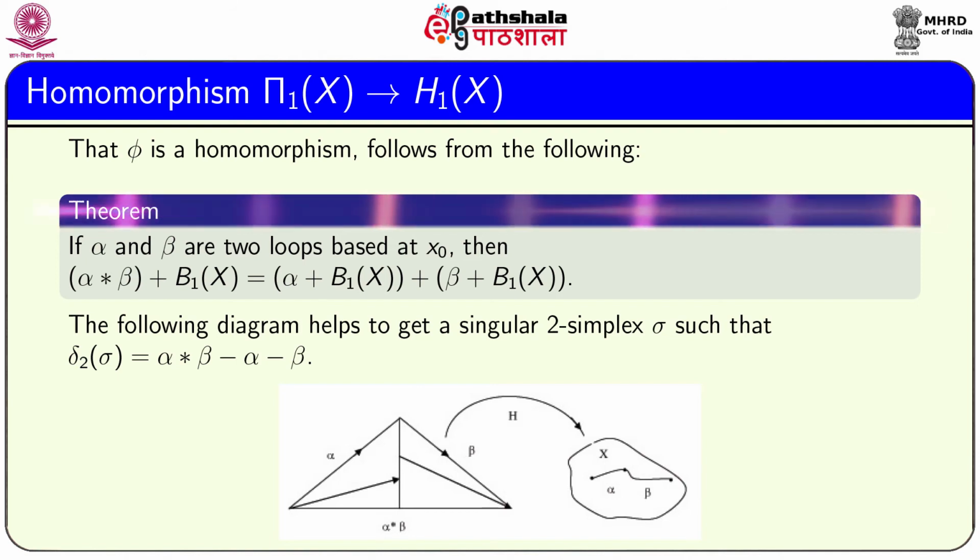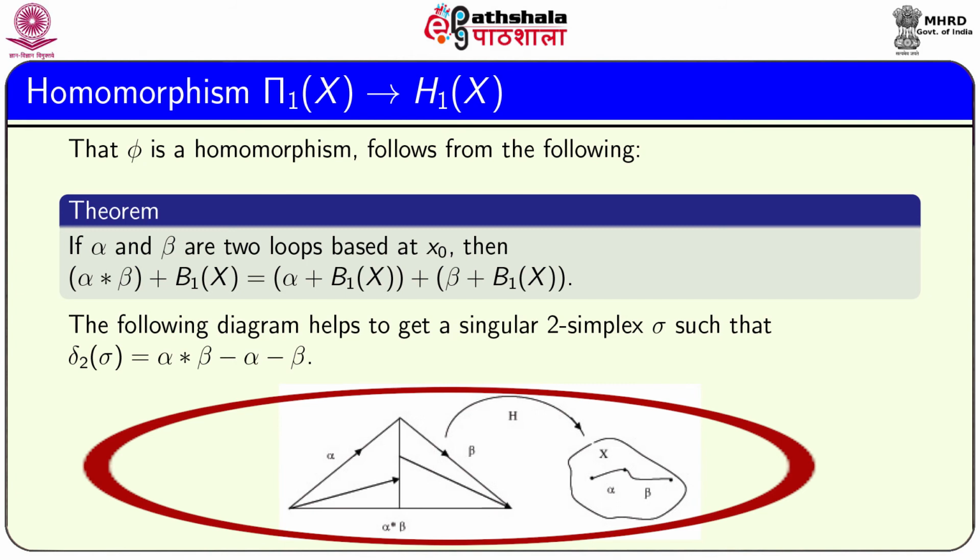That phi is a homomorphism follows easily from the following theorem, that if alpha and beta are two loops based at x0, then the class of alpha star beta plus b1x is equal to alpha plus b1x plus beta plus b1x. The proof of this theorem follows straight away if we look at the diagram.